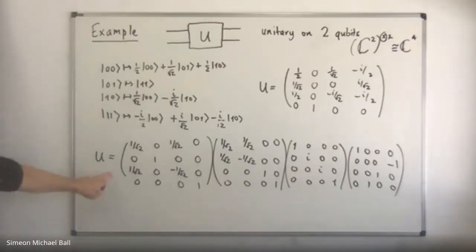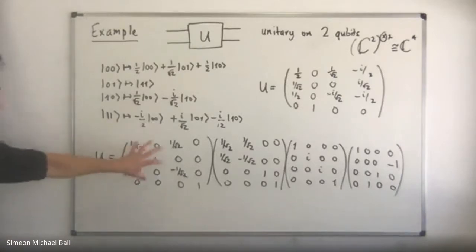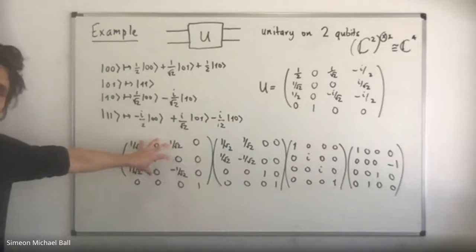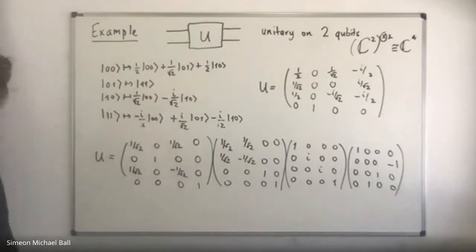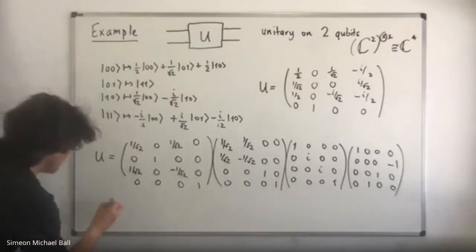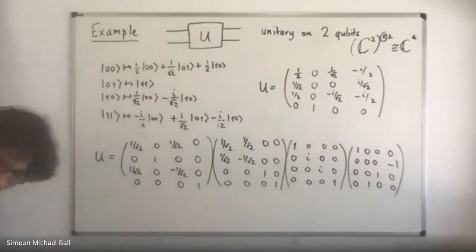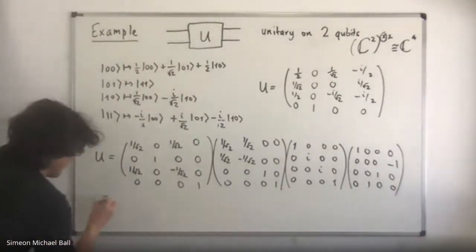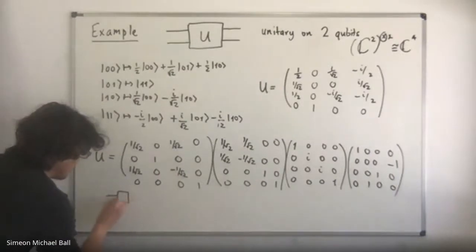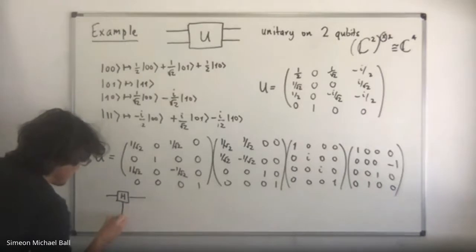Now, how would you implement this two-level unitary operator here? That's the first question. And I claim that this is implemented by the following gate. This should be a kind of controlled Hadamard on the first qubit, but it's controlled.